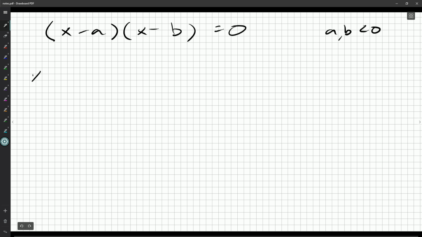If I were to expand this out and compare it to my r plus 7 and r plus 87, okay, so there we go.